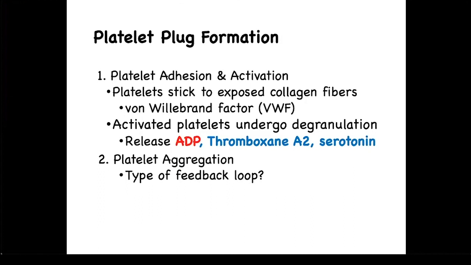This type of feedback mechanism is a positive feedback mechanism. As other platelets come to the area and bind, they are activated, releasing more chemicals which will attract additional platelets, and this will continue, forming a platelet plug. This prevents blood loss.